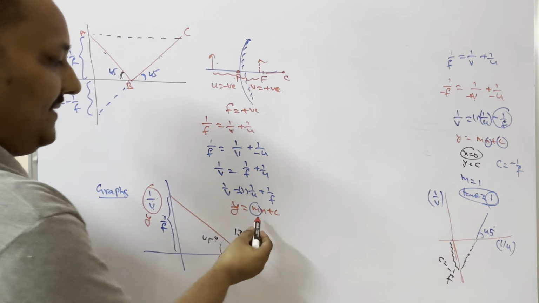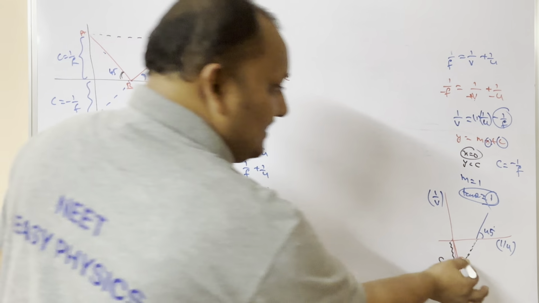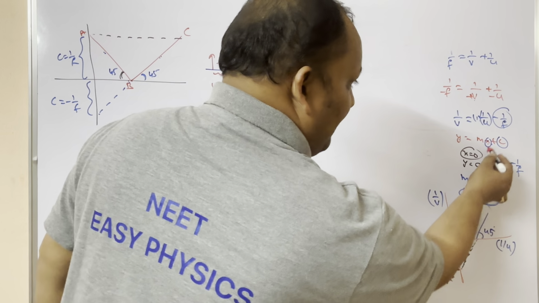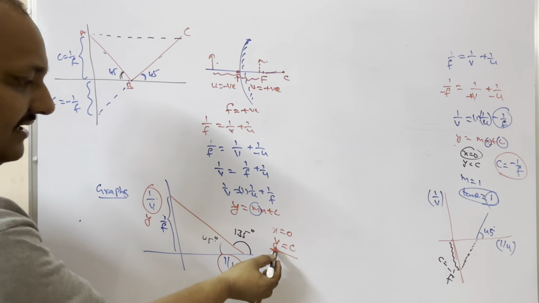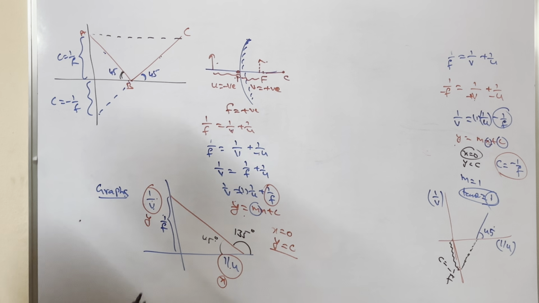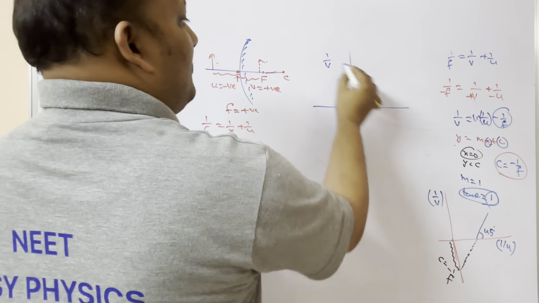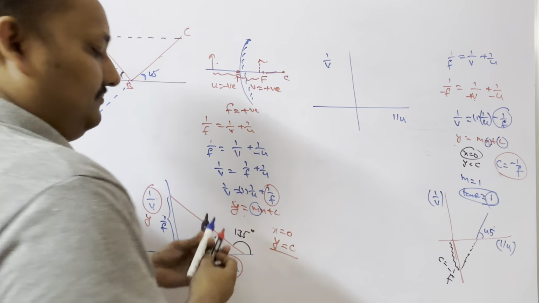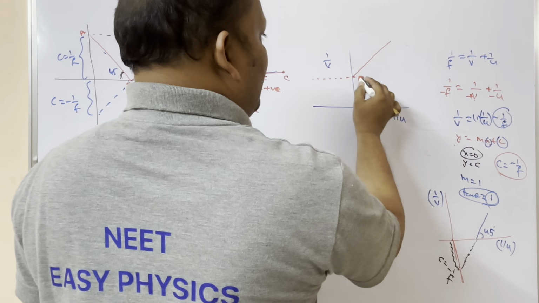See now how it will be coming. Whenever x is 0, y is equal to c. But in the earlier case, whenever x is 0, c is going to be minus 1 by f. But here, c is going to be plus 1 by f. Therefore, the graph will be coming like this. This is 1 by v, 1 by u. So, 45 degrees it is going to make with the horizontal.